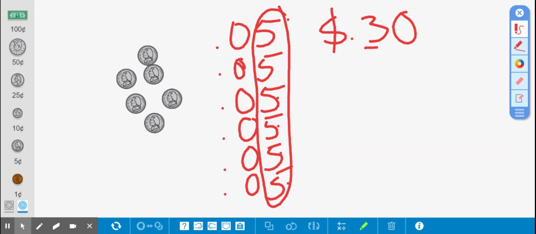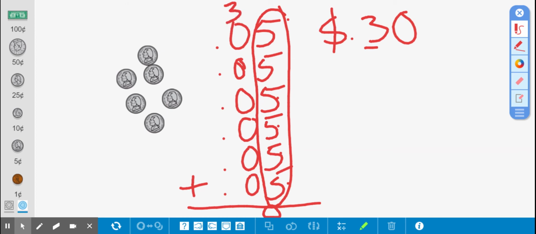Now, let me show you the algorithm for this as well. I use the word algorithm a lot. It's the series of steps that we use to solve math problems. And we're adding these together. So I take 5 plus 5 plus 5 plus 5 plus 5 plus 5, which is 30. And I only take the ones from that number. So the ones in 30 would be 0. And that 0 is going to be squished down there. The 3 in the tens is going to be carried to the next column because I can't exceed 9. 30 is way bigger than 9.